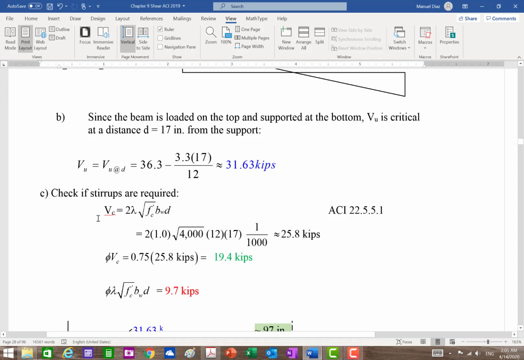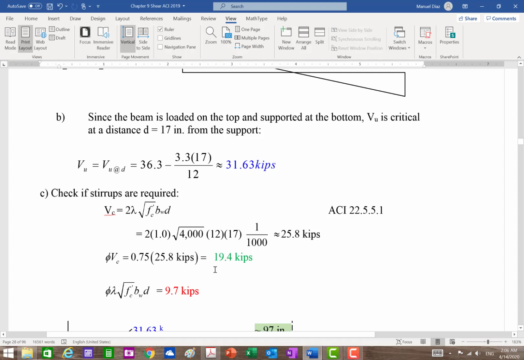Then you find your V sub C. There it is. Multiply by phi factor, always 0.75, you get that one. Now, if you are using this equation, then this limit happens to be exactly half of that number. So 19.4, 9.7. Okay? That's the beauty of using that one.